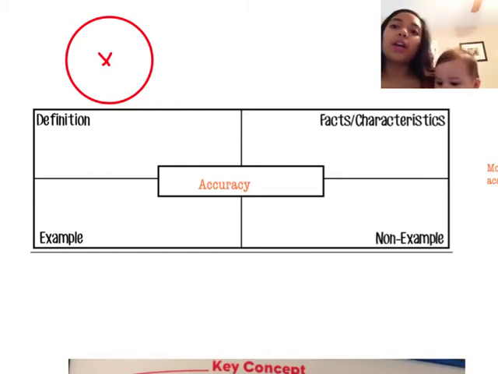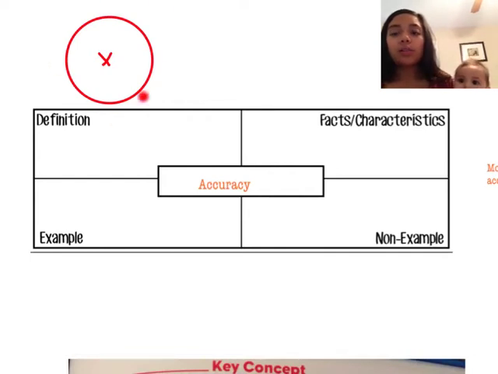Before I tell you what accuracy means, I'm going to give you an example because precision and accuracy, a lot of people get that mixed up. So let's talk about precision first because you already know precision. So this is a dartboard, that red circle up there.